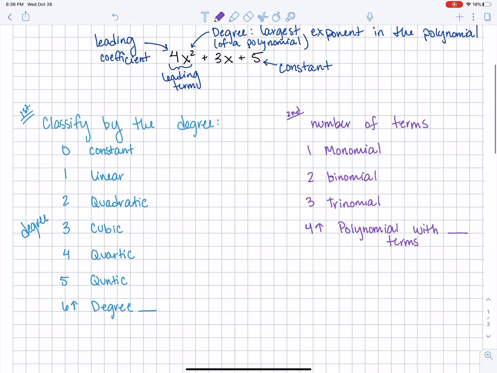So going back to this example here, we're first going to say, okay, it has a degree of 2, meaning that we would call it a quadratic. And then it has 1, 2, 3 terms, meaning a quadratic trinomial. All right, so I'm going to write that down for you. I'm going to get rid of these highlights for you.